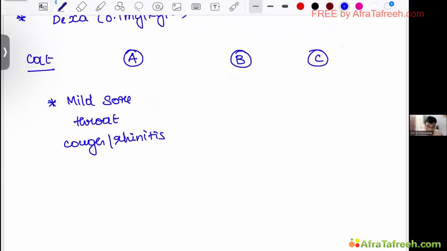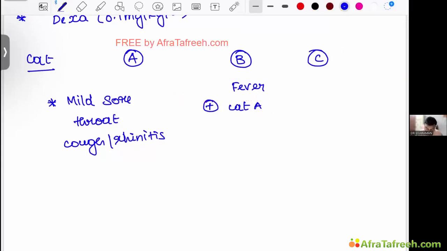Cat B is a patient having fever plus cat A features, and having risk factors for COVID, which we have discussed already.